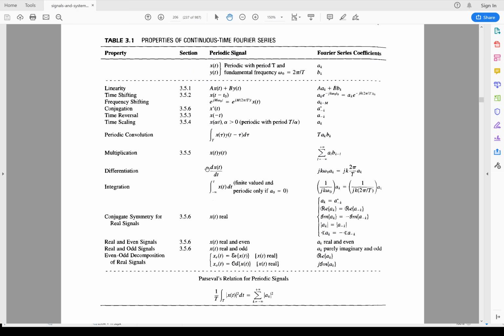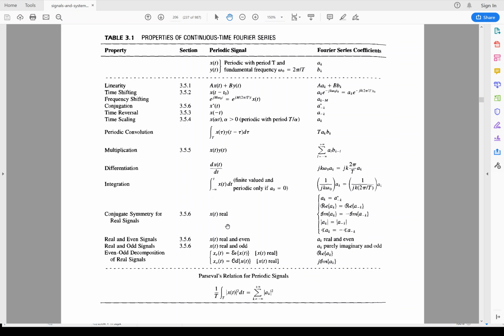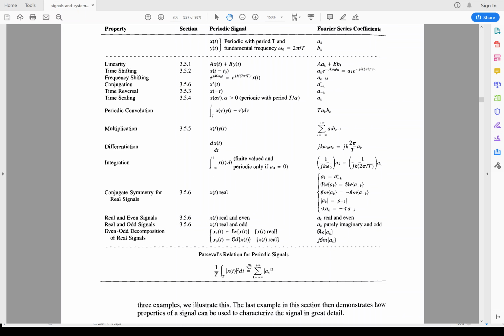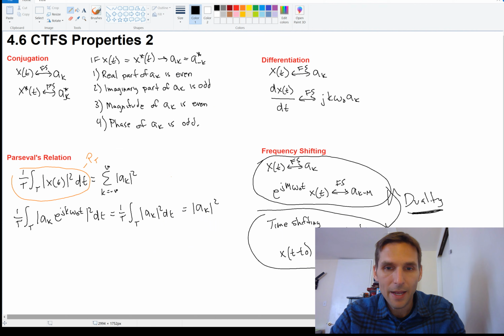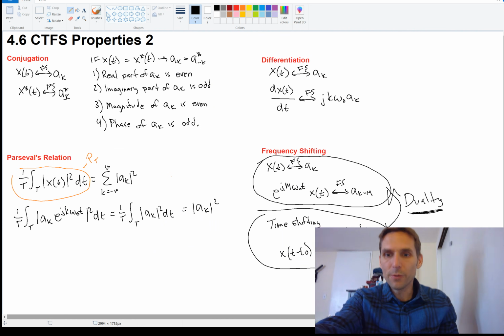So here's the differentiation property and so forth, and here are the symmetrical properties that we just looked at, and Parseval's relation is here. Okay, so please be familiar with these properties, and we'll use them quite a bit.